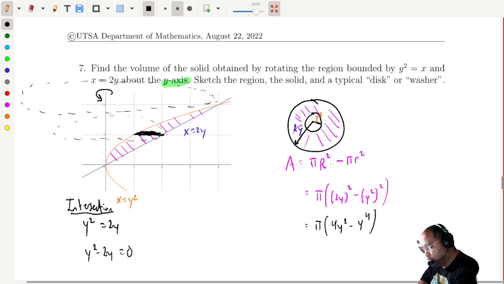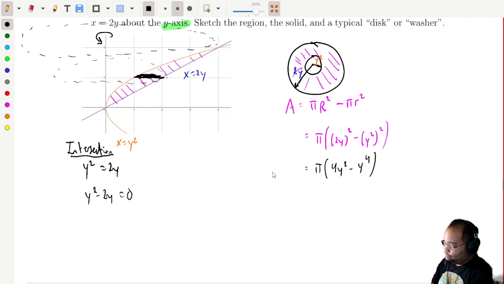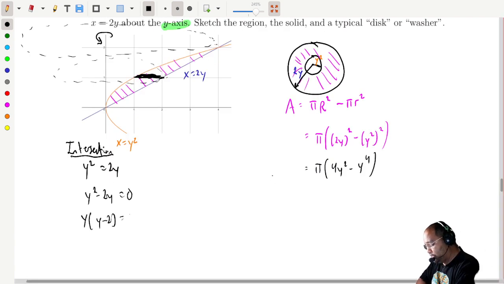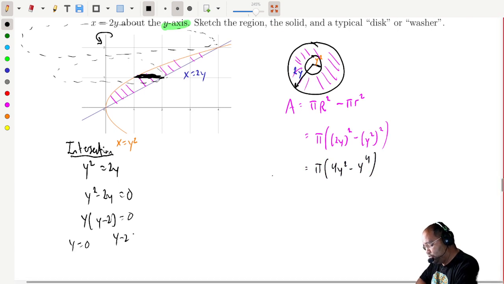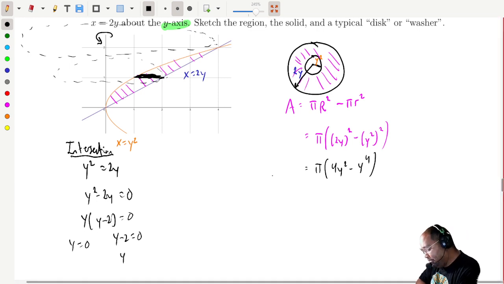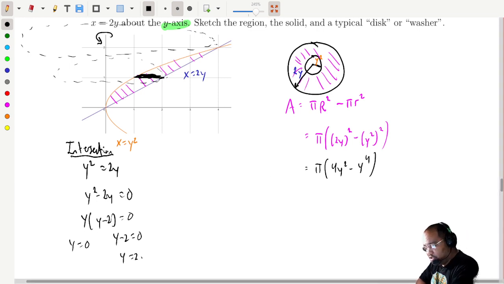Factor: y times (y minus 2) equals 0. So y is equal to 0, or, by the zero product property that we've been using, y minus 2 equals 0, which means y is equal to 2. So we're integrating from 0 to 2.